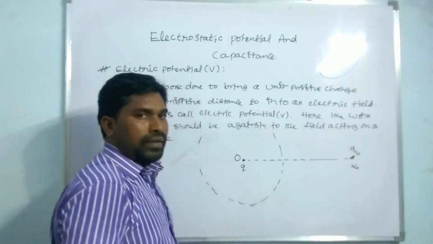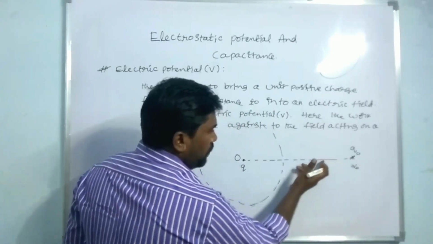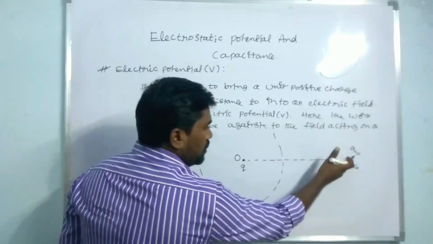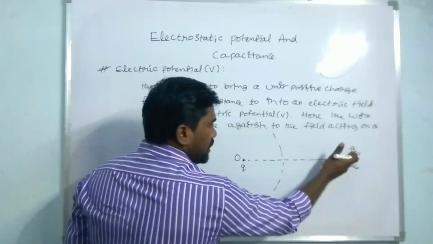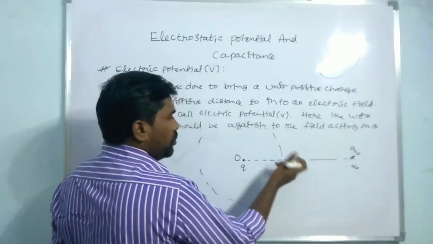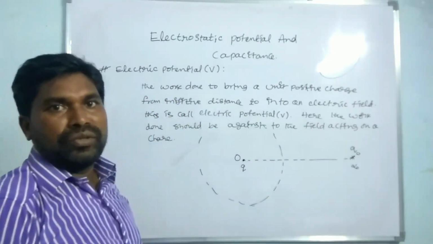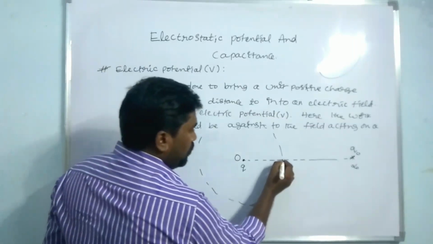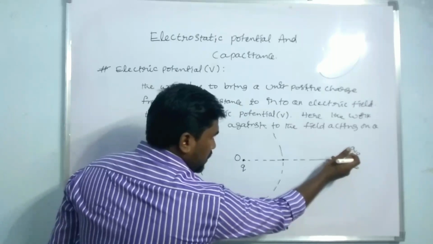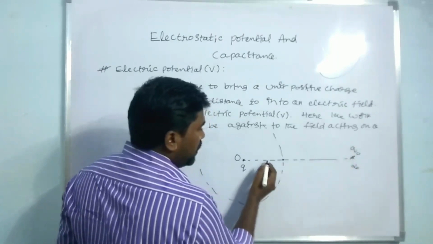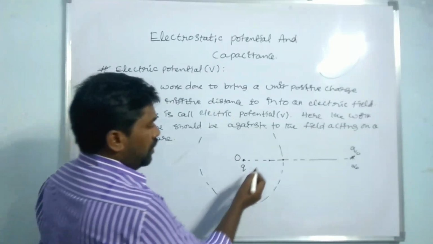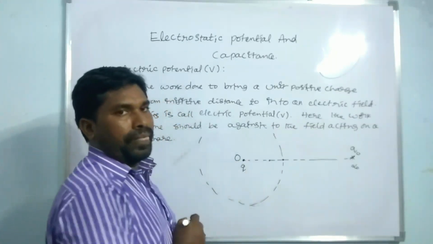Here there is a charge Q, and here there is a charge Q naught. This Q naught charge should be brought into the electric field. The work done to bring the unit test charge from infinite distance into the electric field. Whatever the point is, we have to bring it into the field.